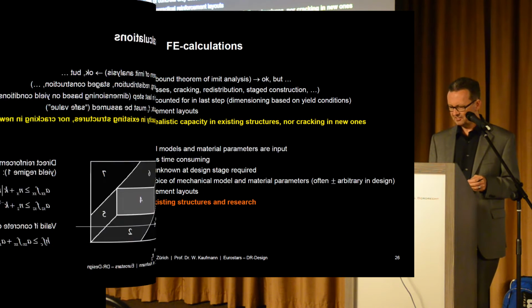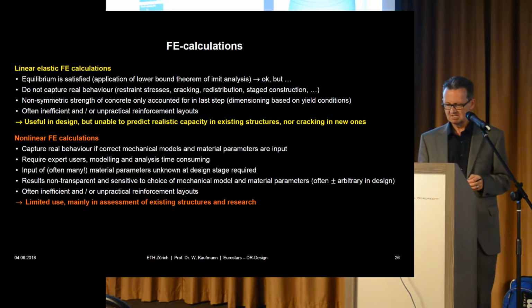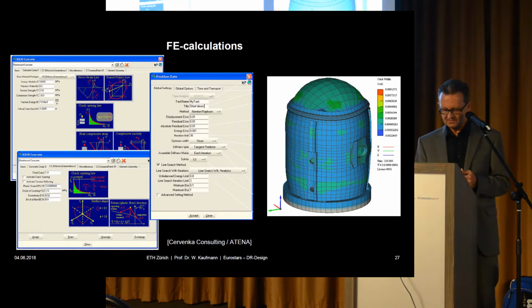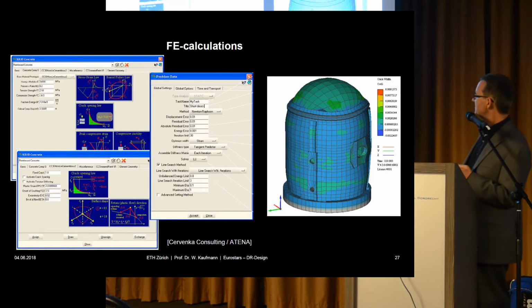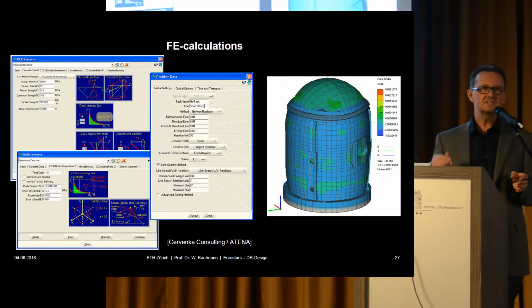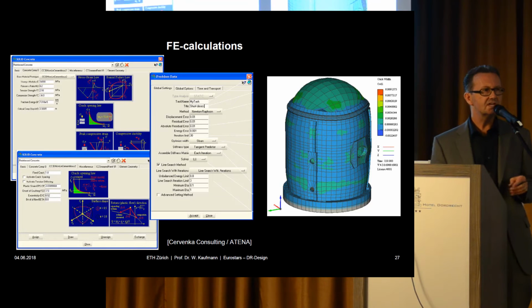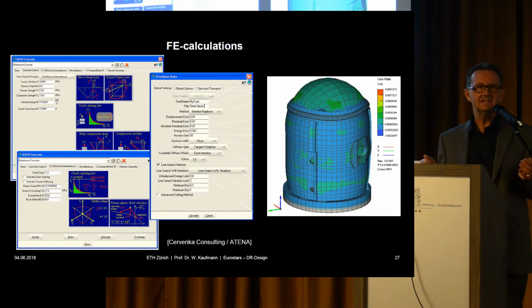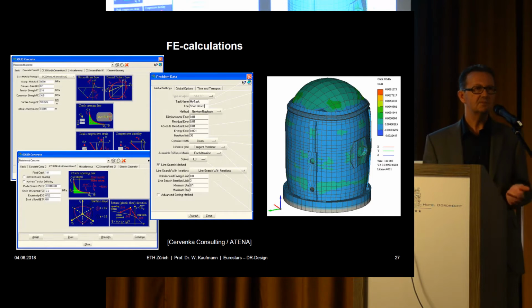Then what about nonlinear finite element calculations? It may look like this, right? Again, taken from Athena. So you can see here that you have many factors, and you can read it. There are shear retention factors, there are fixed crack factors, there are fracture energies, many things that, certainly in a design situation, make it very difficult to set these parameters.